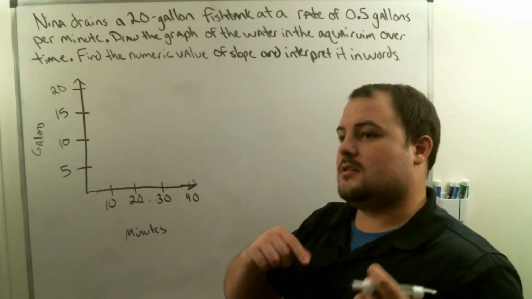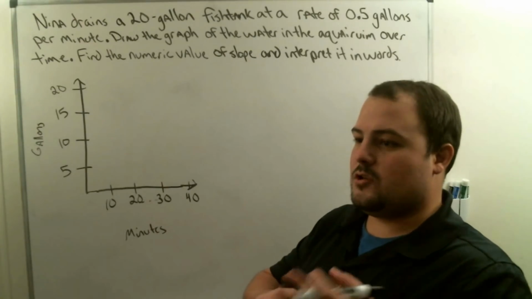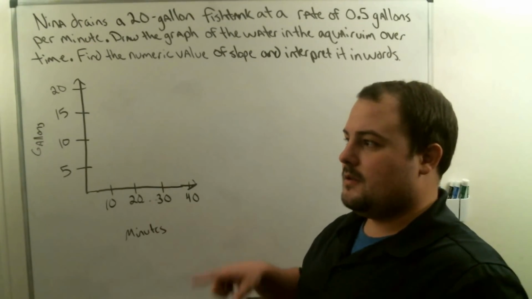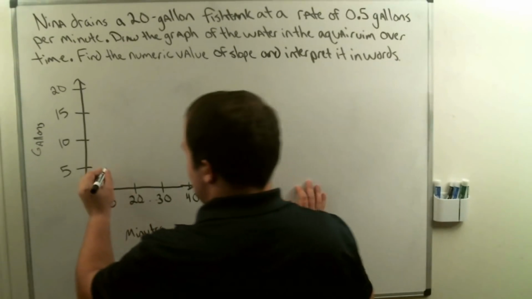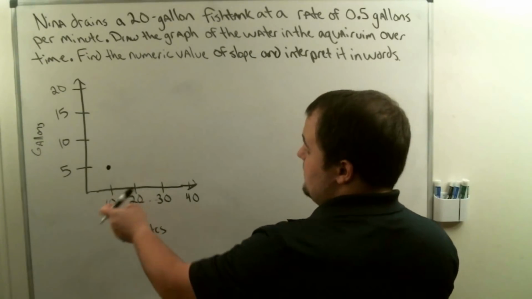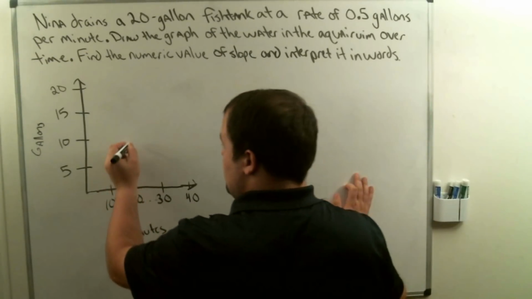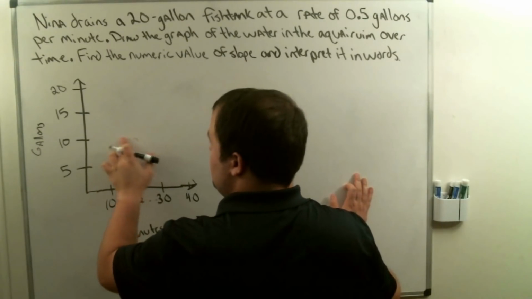So it takes 2 minutes to go 1 gallon. Well, if it's 2 minutes for 1 gallon, 2 times 5 is 10 minutes for 5 gallons. Whoop, oh, I'm doing it the wrong way.